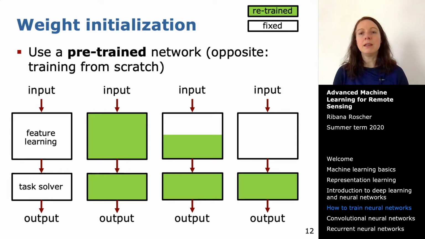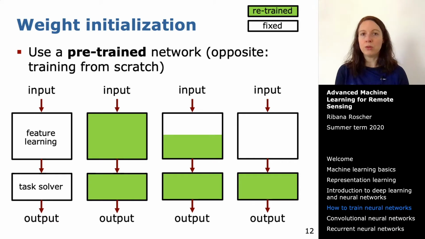Another possibility is that you only retrain a few layers, so not all layers. If you fix the first layers, this is a really good idea, because in the first layers normally features are learned which can be used for very different tasks. So the deeper the network is, the deeper layers learn more complex and more task-specific features.